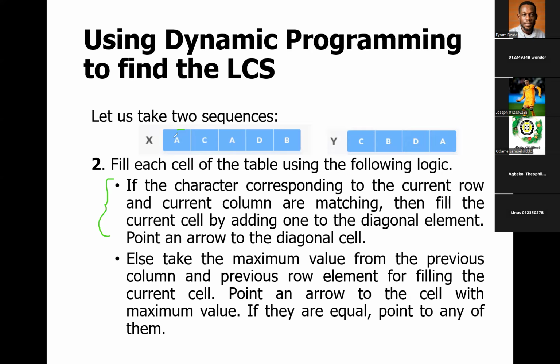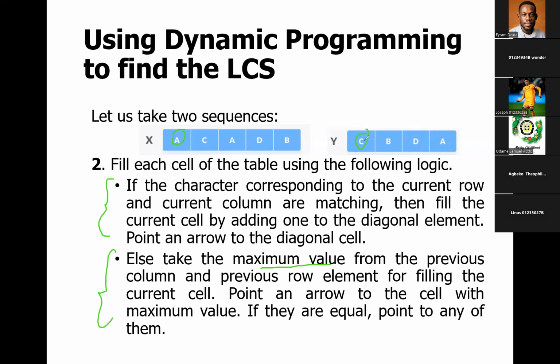However, if we take these two and they are not matching, then we execute the second part. And what's the second part saying? It's saying that else take the maximum value of the two. So we look at this and this, and we take the maximum value.